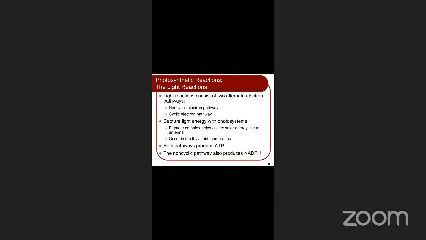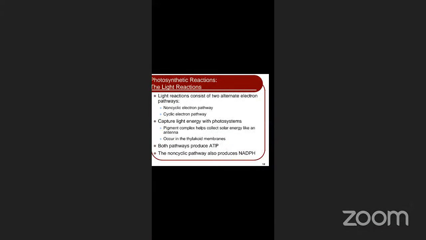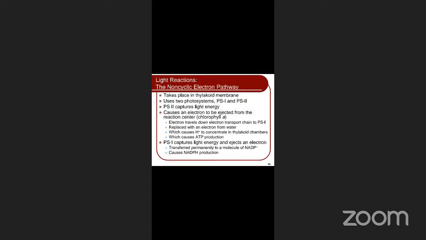These two photosystems are physically and chemically distinct, each with its own antenna pigments and photochemical reaction centers. These two photosystems are connected by the electron transport chain.